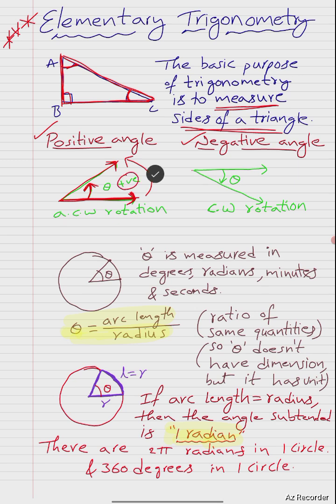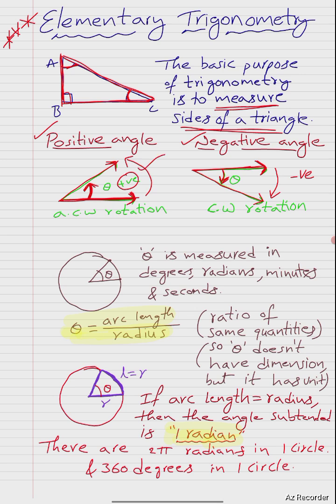Similarly, if you take this as a reference line, now this line moves in clockwise fashion and comes over here, then this angle subtended is negative. Okay. So the thing to remember is the angle which is subtended in anti-clockwise fashion is positive.